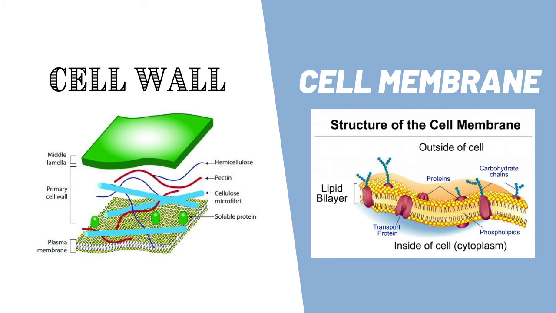For the cell wall, you can see those microtubules and the microfilaments. There is cellulose and proteins embedded in here. And over here on the cell membrane, you can also see proteins embedded.